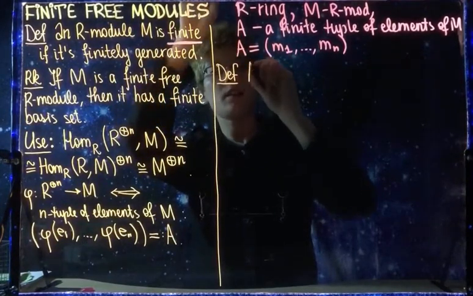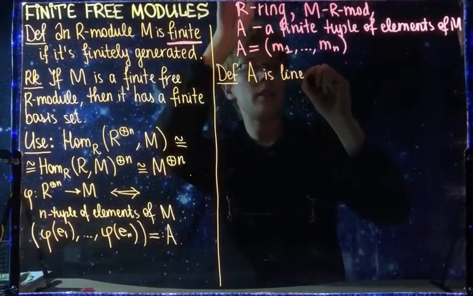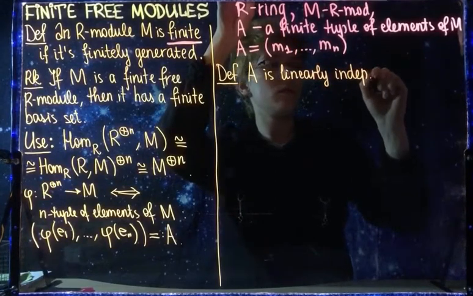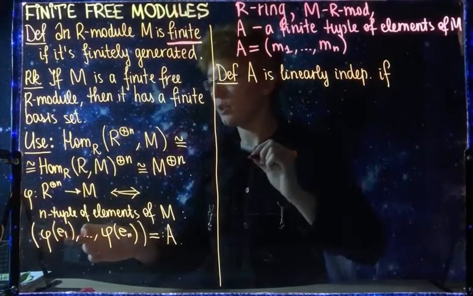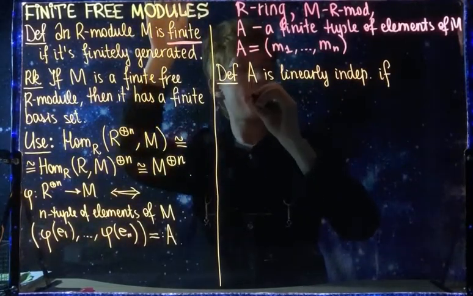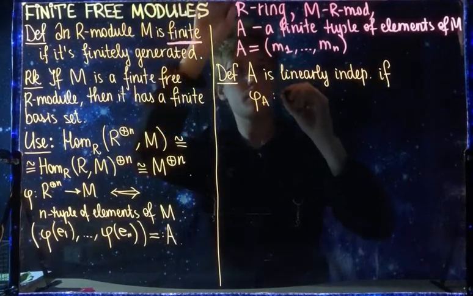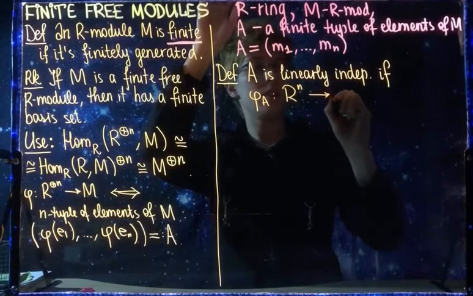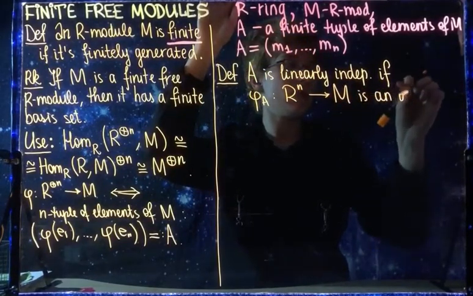Then I say that A is linearly independent if the corresponding homomorphism from R^n to M is an injection.